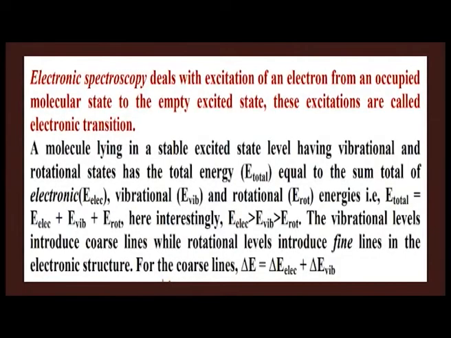A molecule lying in a stable excited state level has vibrational and rotational levels as well, and therefore the total energy is equal to the sum of electronic energy, vibrational energy and rotational energy. That is, E equals E electronic plus E vibrational plus E rotational.